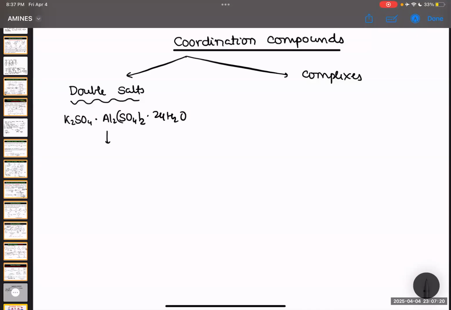It splits completely into its ions: potassium, aluminium, sulfate. It's completely split because they were having ionic interaction. More salt. What is more salt? Ferrous ammonium sulfate.